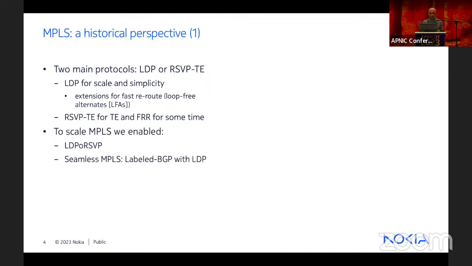As we went along, we found that we hit some challenges with how these protocols were scaling in the network. So we came up with nice architectures to get around these scaling challenges. We did things like tunneling LDP over RSVP-TE.